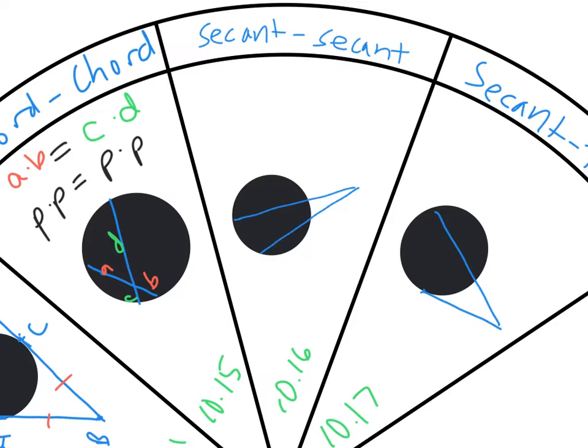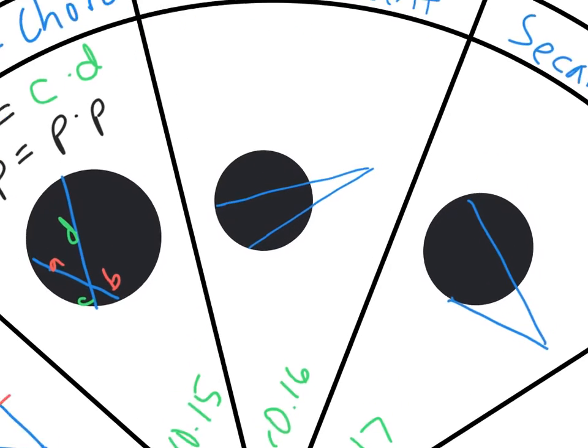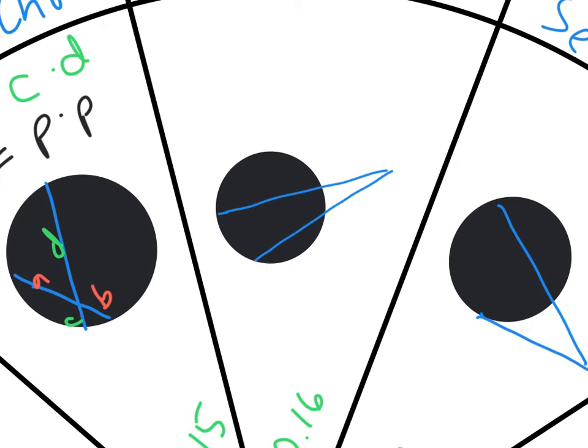What happens is, I'm going to go ahead and put some letters here, so join me in labeling my circle. I'm going to label an A for the length of this secant all the way through the circle. And then I'm going to use a B to refer to this part that is just outside of the circle to the point of intersection.